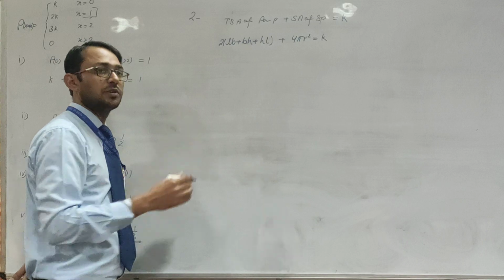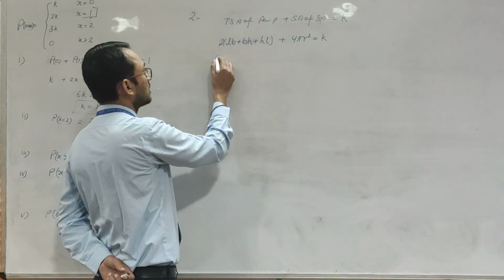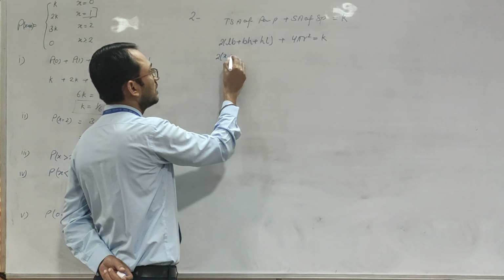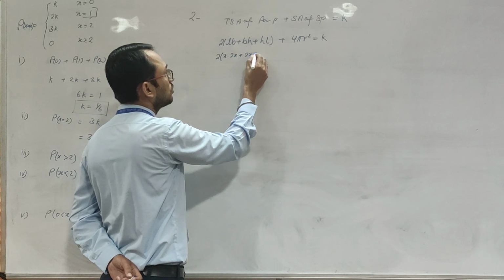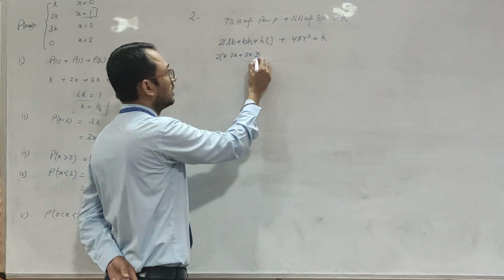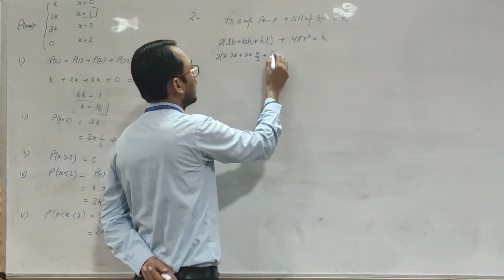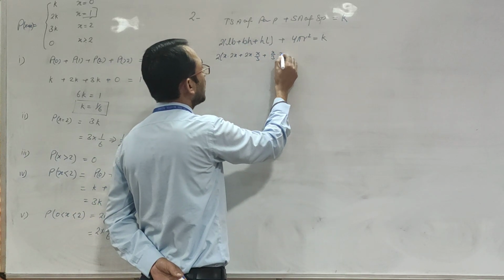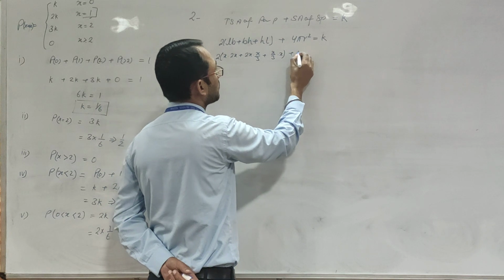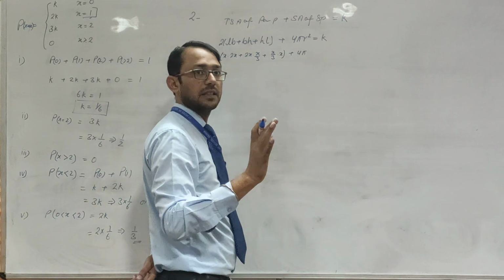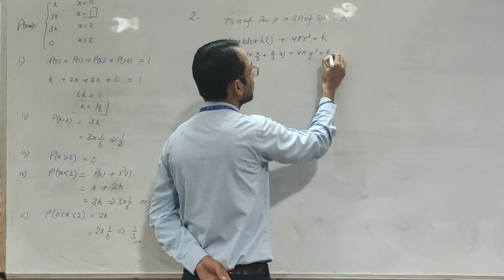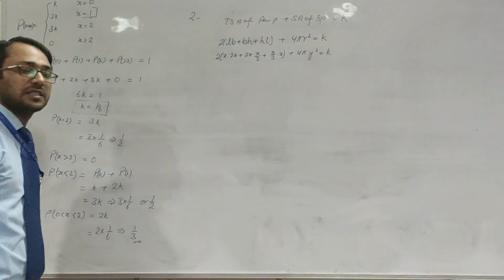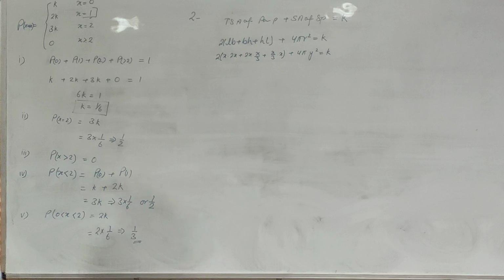Let us put in the values: 2(x into 2x plus 2x into x by 3 plus x by 3 into x) plus 4 pi y square equals k. This much information is given to us, and with this we are going to calculate the value of y.